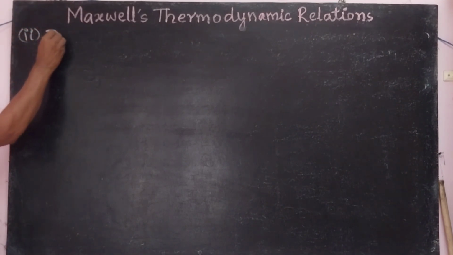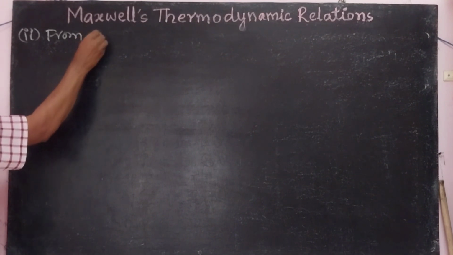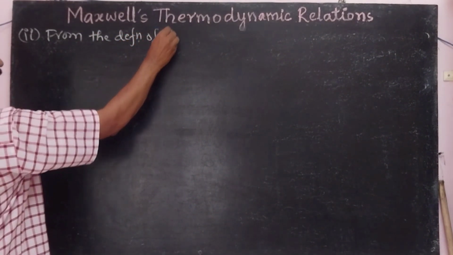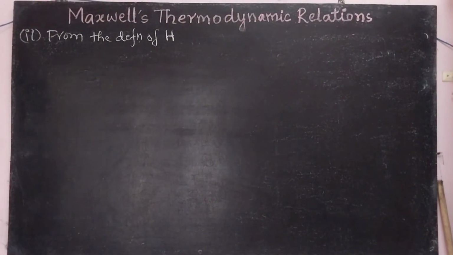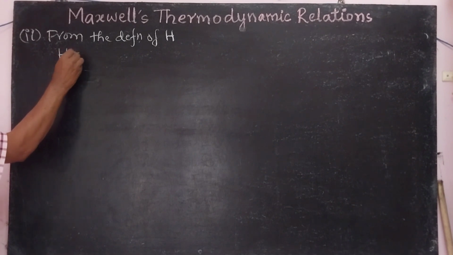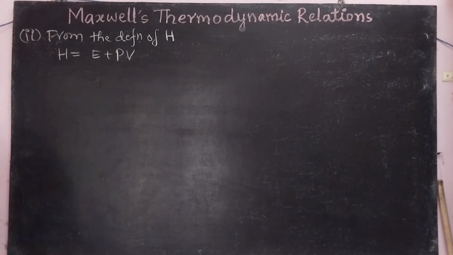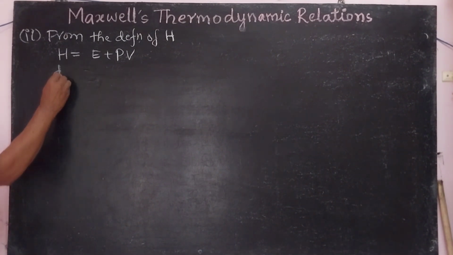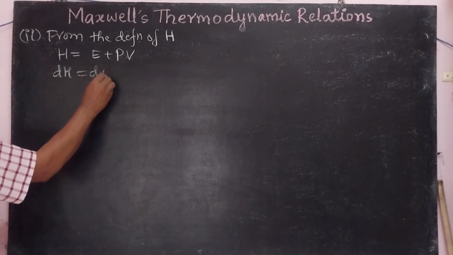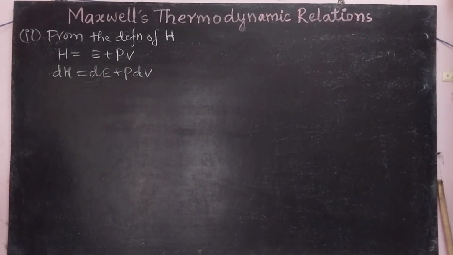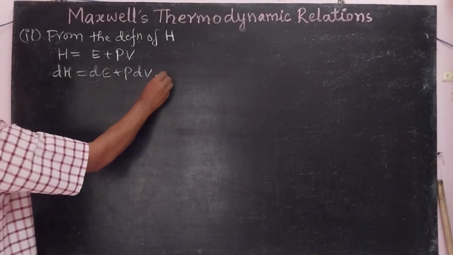Enthalpy H is equal to E plus PV. Then dH is equal to dE plus P dV plus V dP.